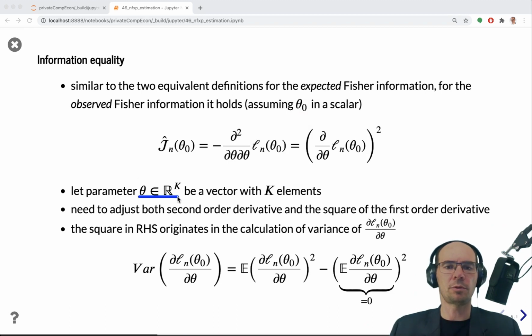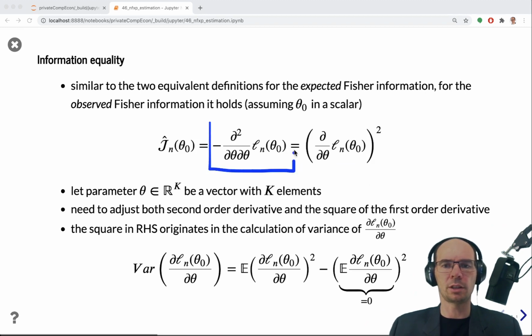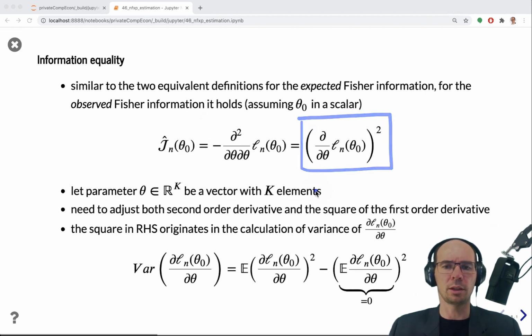Now if we have a vector of parameters, then things are a little bit different. We need to adjust both sides of this equality, and the first adjustment is to realize that the second derivative will now become the Hessian matrix, a matrix of k by k elements. But what to do with the square of the gradient?